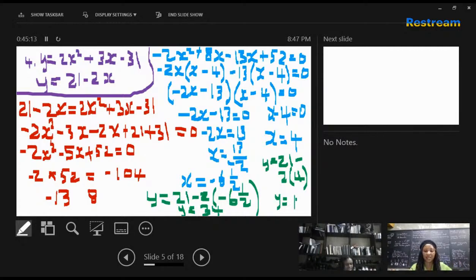All right, so the solution set, the two pairs: when x is 4, y is 13. When x is negative 6.5, y is 34, right? Yes. Okay, so we're good.